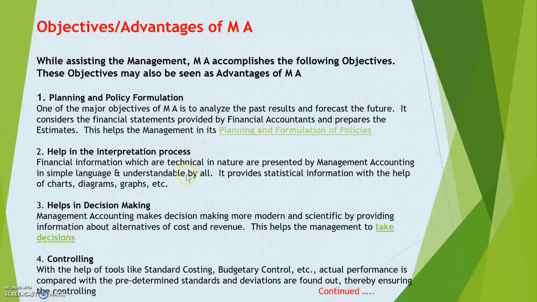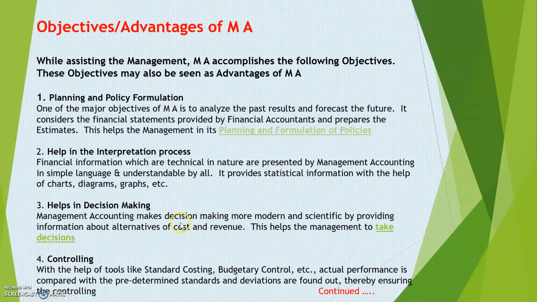Then help in interpretation process. Because the information is given in a technical manner by the financial accounting, that will be interpreted in simple language so that everything can be understandable by everyone. Now, the management accounting helps in decision making.